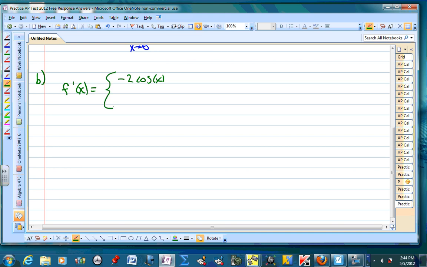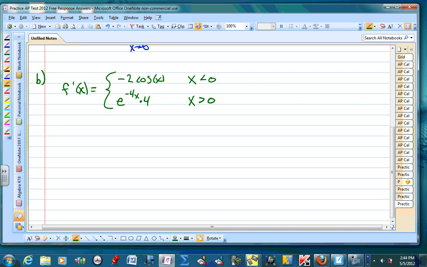And the derivative of e to the negative 4x is going to be e to the negative 4x times negative 4. Since this is a piecewise function, we're going to have values for when x is less than 0 and for x is greater than 0.